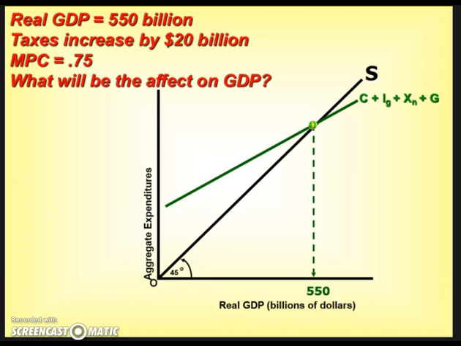Let's say real GDP is 550 billion, taxes increase by 20 billion, MPC is 0.75. What will be the effect on GDP? We've got our Sigma X here. 550.